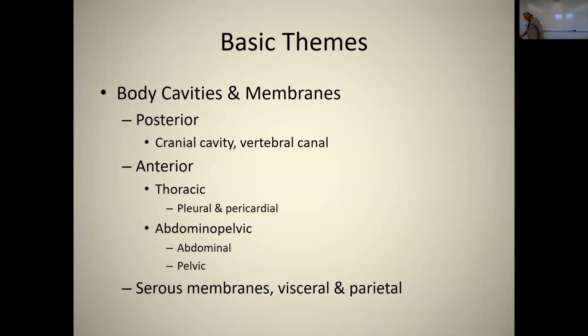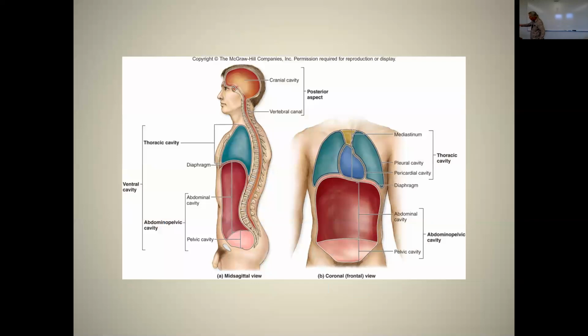All right, so let me show you, because this is right out of the book. This figure here should say posterior cavity. I don't know why I call this a posterior aspect. Posterior cavity, cranial cavity where the brain is, vertebral canal where the spinal cord is.